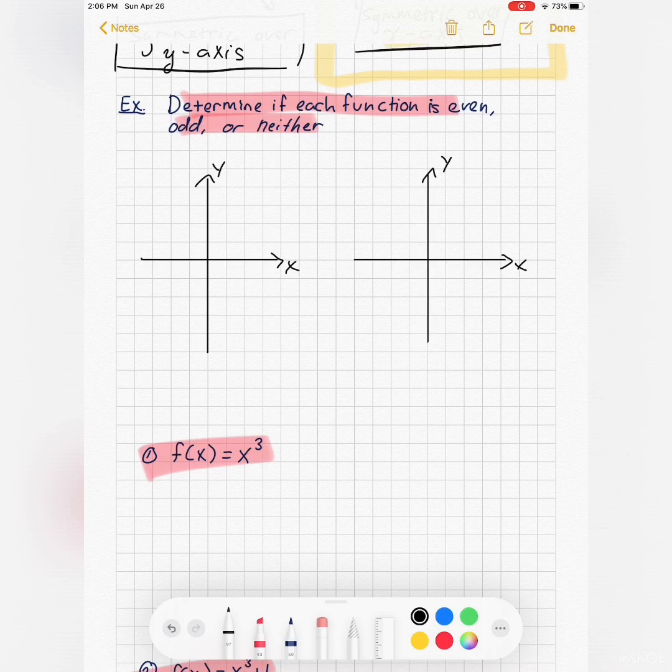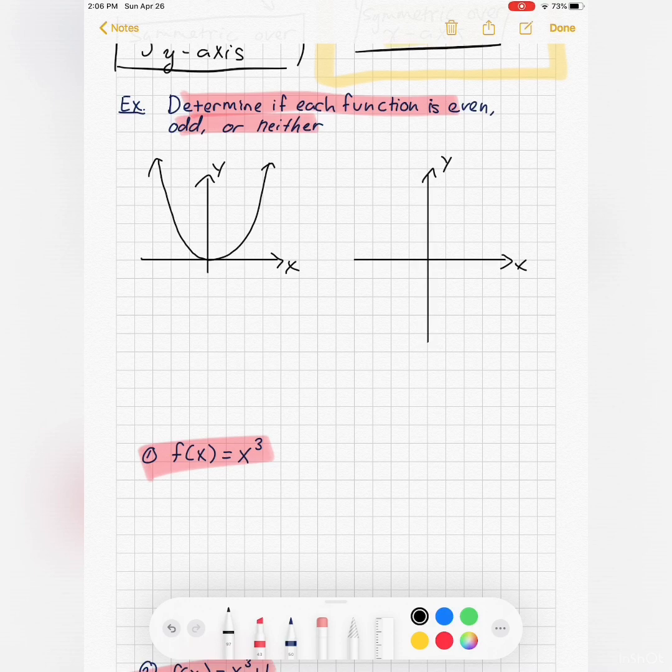I started with a couple of generic graphs. Here's a generic function that's like an even function. I didn't do a great job graphing it, but its graph is symmetric over the y-axis.